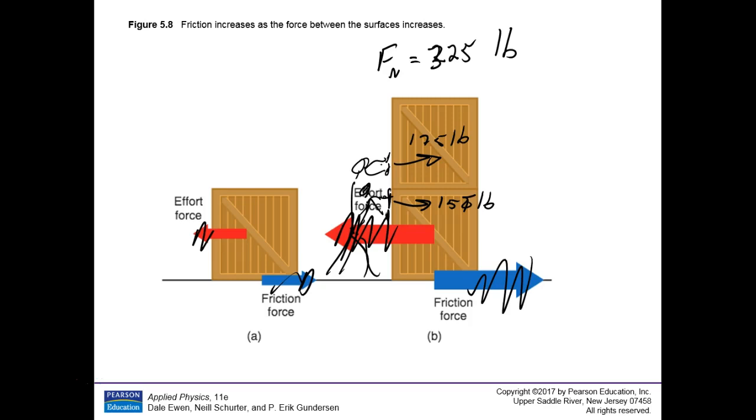The same two workers push on the crate to the right. The motion is opposed by a static frictional force of 300 pounds. That is not true. Okay, I'm sorry. It would have to be kinetic friction. They say the friction force here in the opposite direction is 300 pounds.